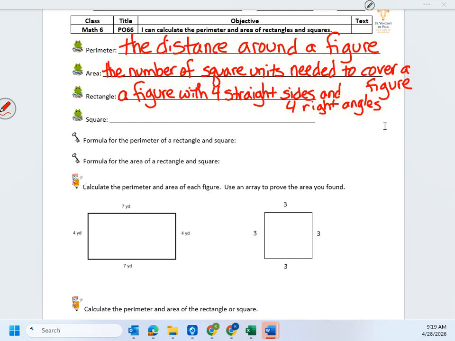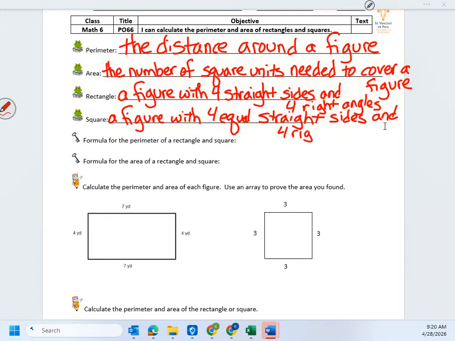Now a square is a special type of rectangle. It is a figure with four equal straight sides and those four right angles.